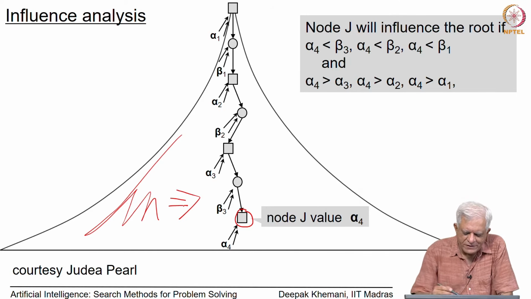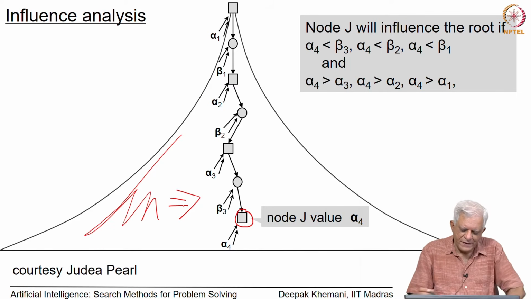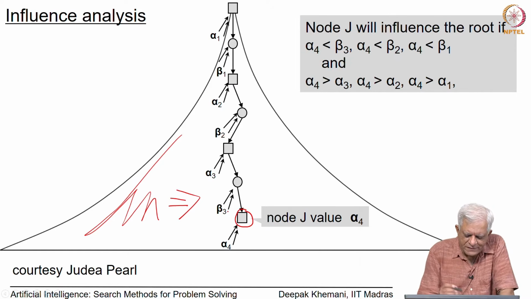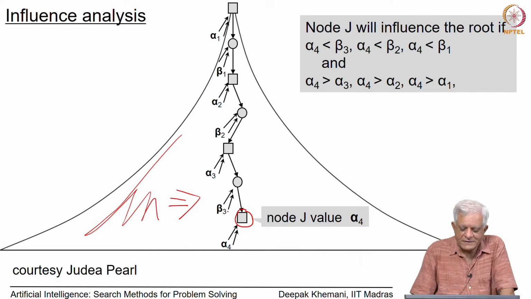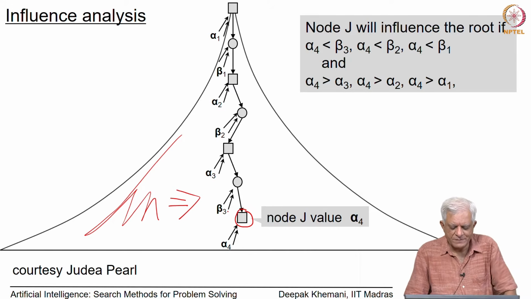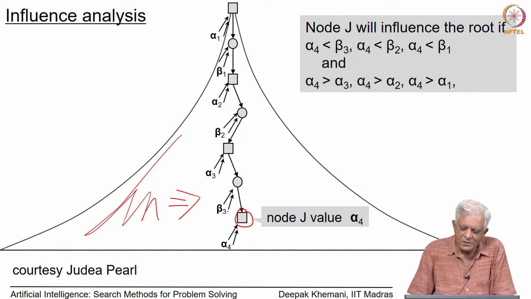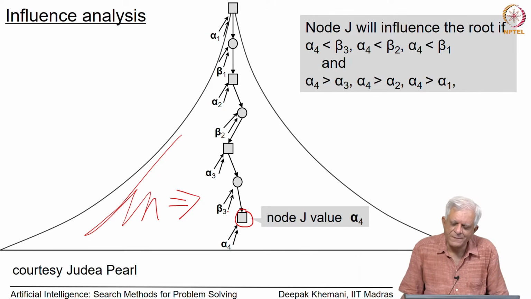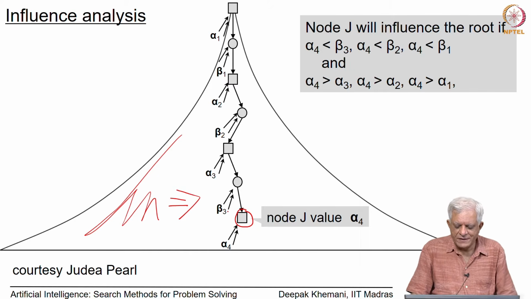So, everything that you see on the left hand side of the paths that we have seen, that is alpha 4, beta 3, alpha 3, beta 2, alpha 2, beta 1 and so on, are partial values that the alpha nodes have got and the beta nodes have got. Remember that alpha nodes are max nodes and they are lower bounds on the values that they contain, because max nodes are trying to maximize the value, and likewise beta nodes are upper bounds on the values of that node essentially.